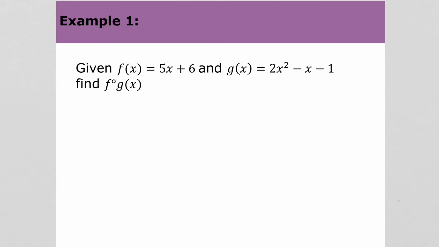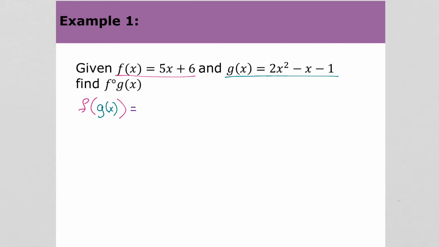So, the first one, we're given that f of x is 5x plus 6, and g of x is 2x squared minus x minus 1. And we want to find the composition of f and g. Remember, that means the same thing as f of g of x. I'm going to make g of x here teal and f pink, at least to start with.